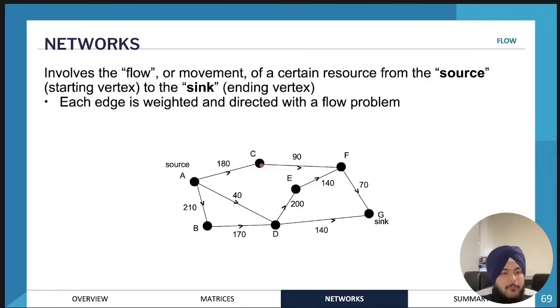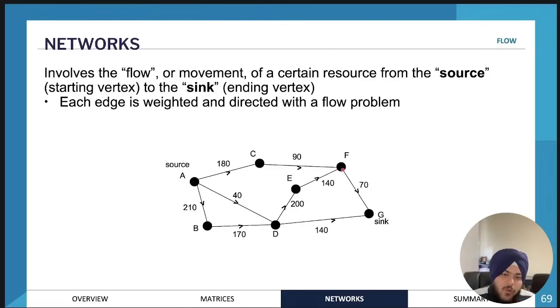And the way to interpret this is, if 180 liters of water every second are passing from A to C, but only 90 liters can pass from C to F every second, where is the rest of the water going to go? Because only 90 liters can pass through this point every second.